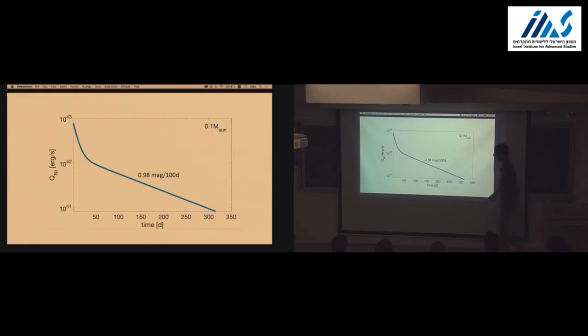If we go to the nice semi-log, which is usually the way that figures are plotted, this is how it looks like. And you see that in the semi-log what is nice is that here we have a linear curve. And if we count it in magnitudes, this is roughly 1 magnitude per 100 days. The energy injection goes down by 1 magnitude, not 1 order of magnitude, 1 magnitude, observable magnitude, in 100 days.